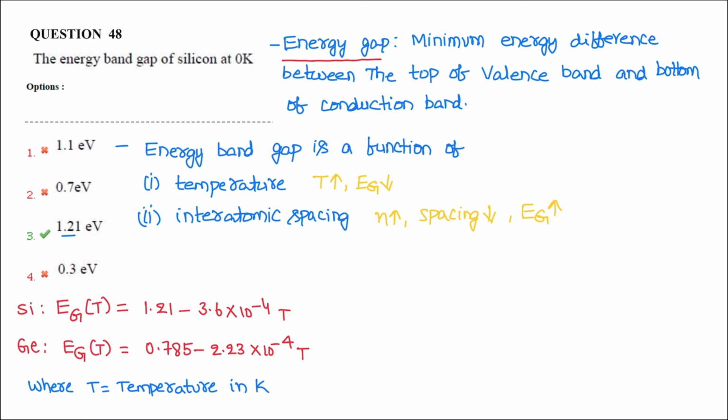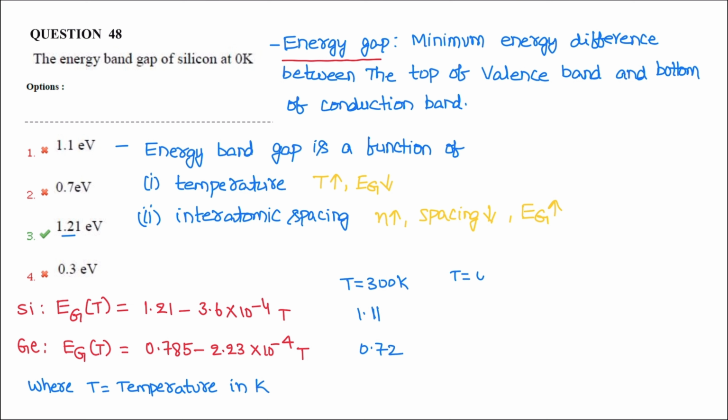Now at T is equal to 300 Kelvin, for silicon the energy band gap is 1.11 electron volts. For germanium it is 0.72 electron volts.